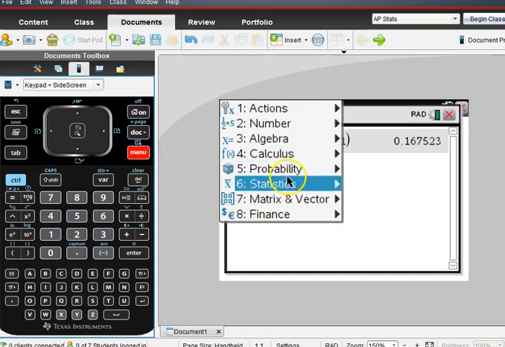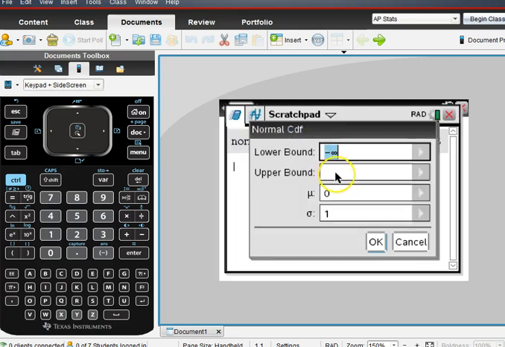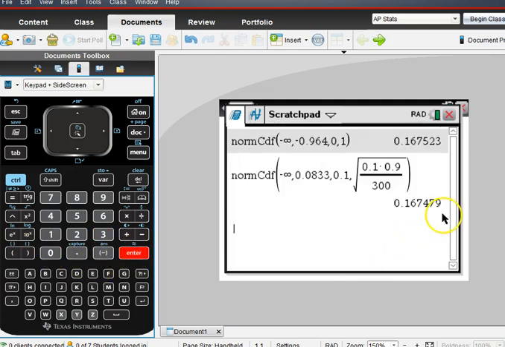Yeah, we could have. Statistics, distribution, normal CDF. So I could have done this, 0.0833. My mu is 0.1. And my sigma is the square root of, in parentheses, 0.1 times 0.9 divided by 300. Okay, notice we get exactly the same value. Well, slightly different because of rounding, but it's basically the same thing here.